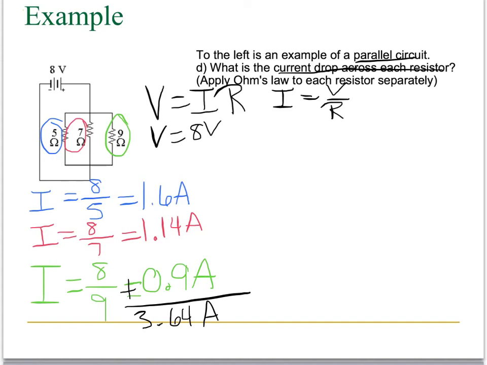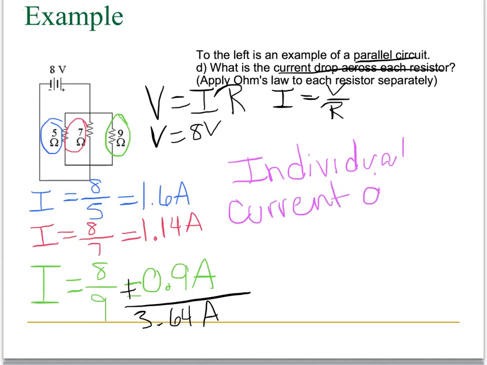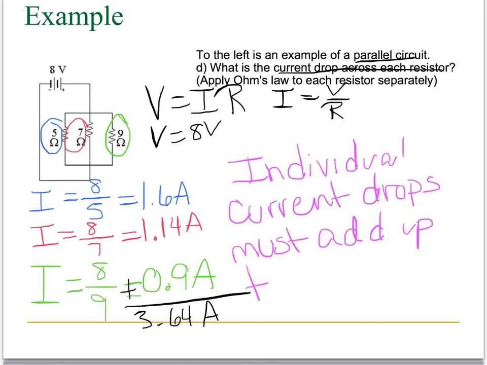That must mean that the individual current drops must add up to the total current.